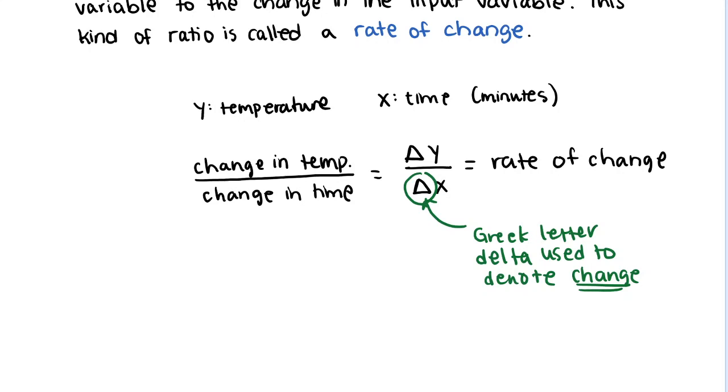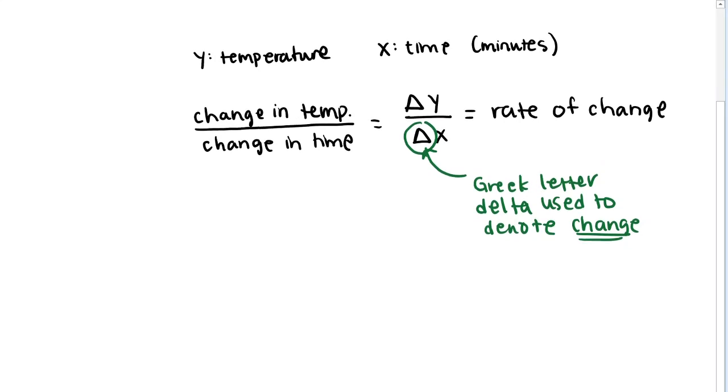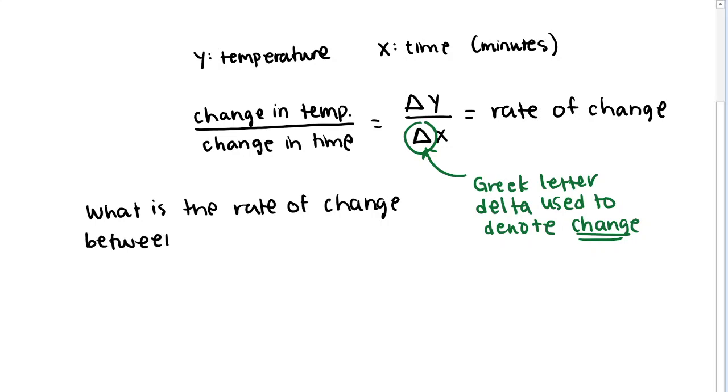And so here, maybe let me ask a related question. What is the rate of change between the two data points we had earlier, (20, 78) and (50, 90)?